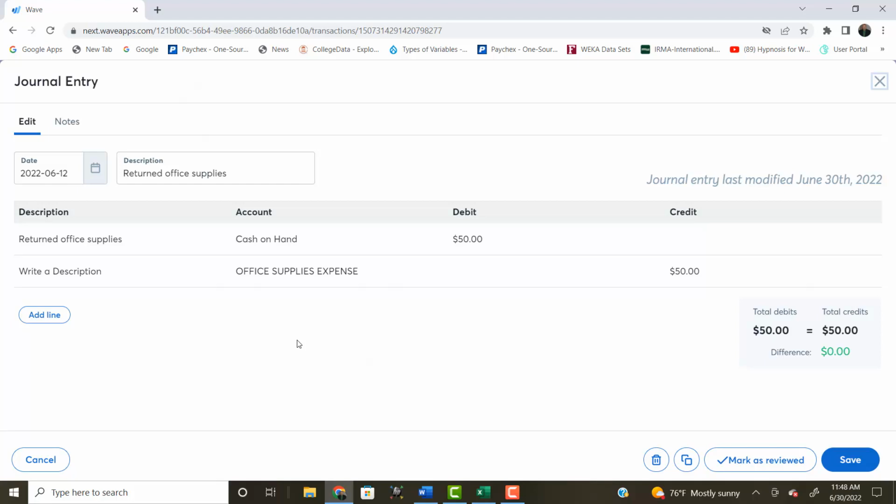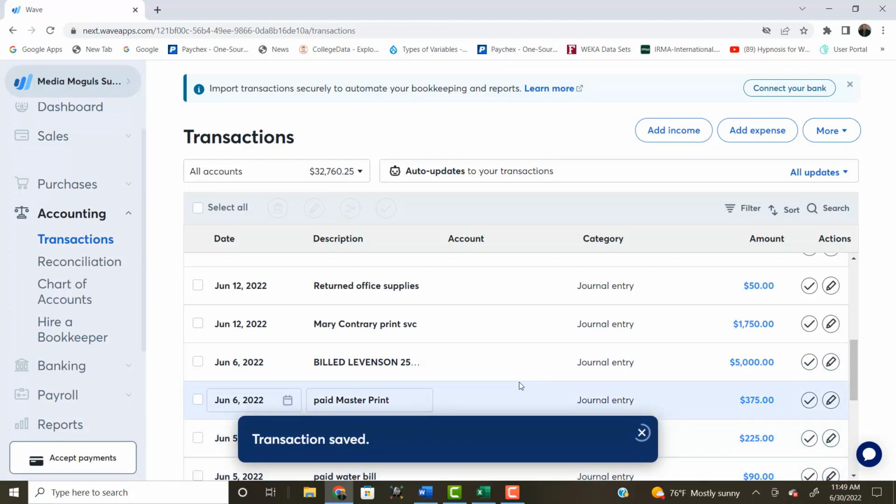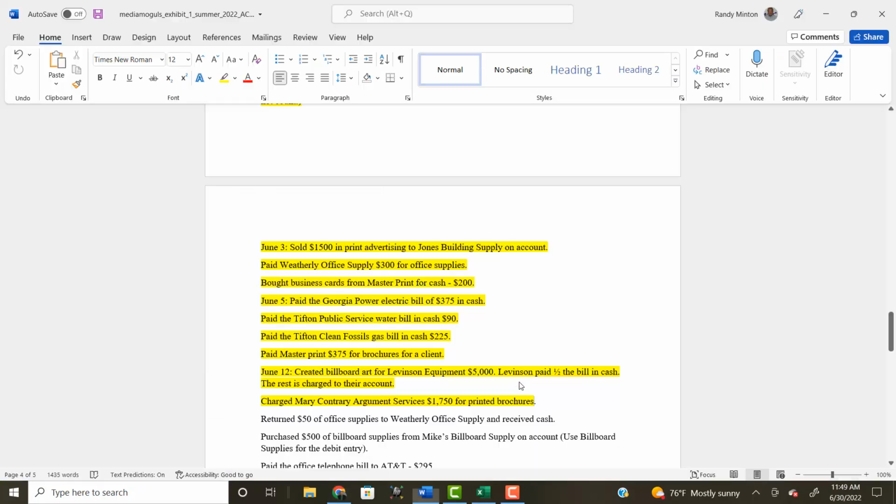If they are going to set it up as an asset at the end of the period, what they'll do is they'll credit this expense and debit the asset to set it up. So it's done just the opposite of what your book calls for. All right. Come back over to your accounts. Return $50. We've taken care of that now.